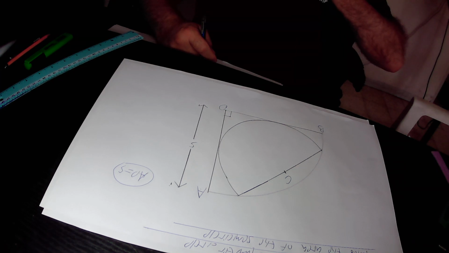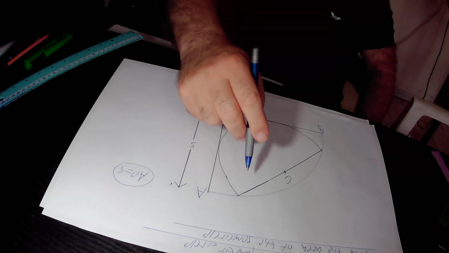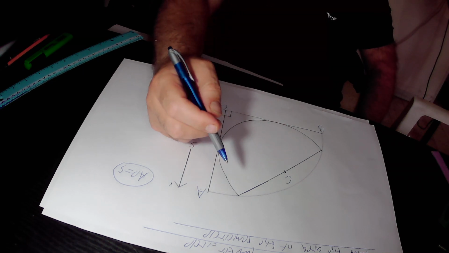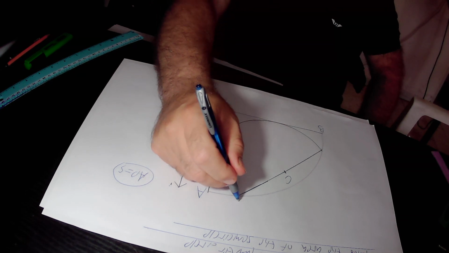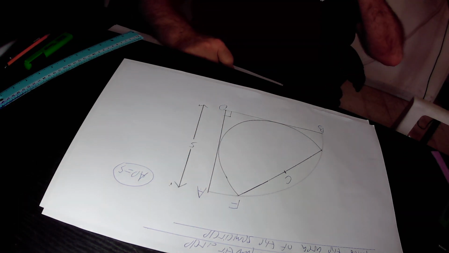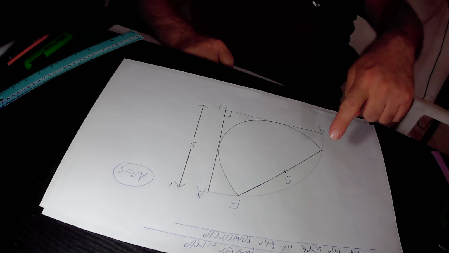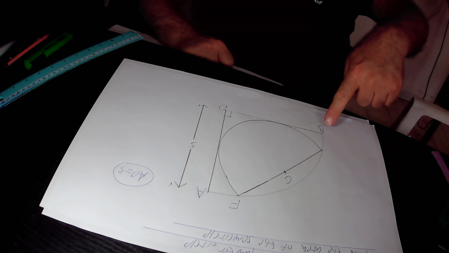We define the touching point of this quarter circle with this semicircle. This point is point F. We define the intersection point of this semicircle with this quarter circle.